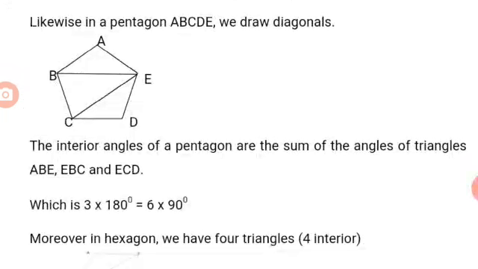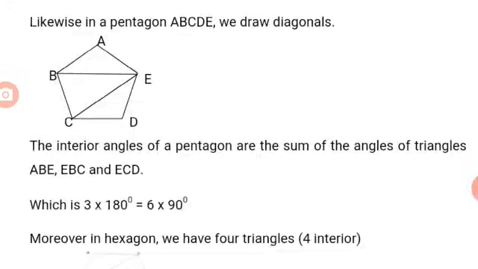A, B, E. Can you see the triangle? B, E, C. That's the second triangle. And then E, C, D. Do you understand it? That's fine.